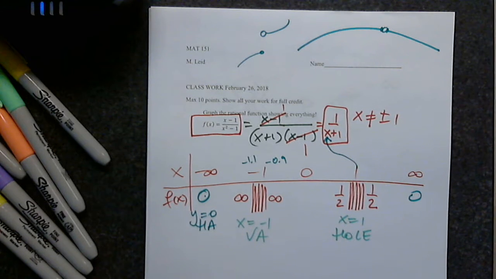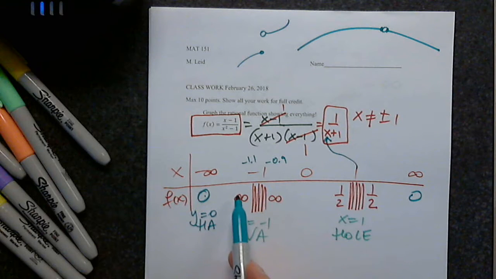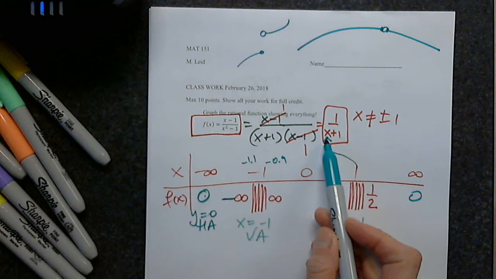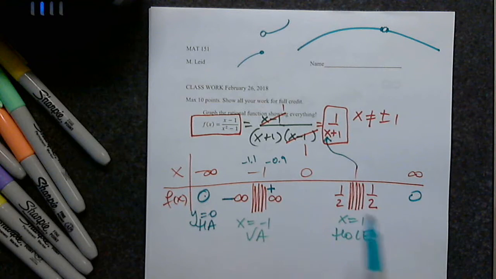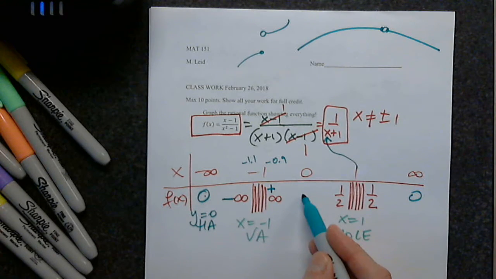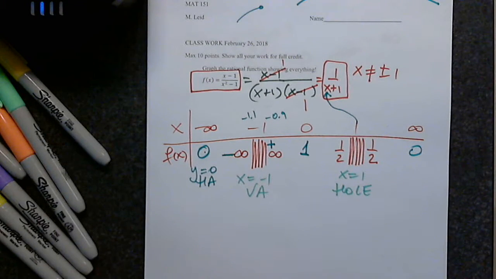Okay, so with negative 1.1, the sign is? Negative. Perfect. With negative 0.9, the sign is? Perfect. And plug in 0? 1. That's it. Just 3 minutes, right?